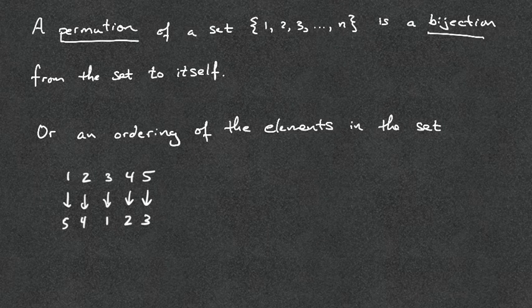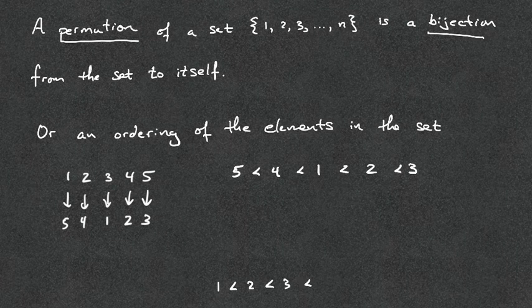Then we can think about this also as being an ordering of the range elements in our permutation. So we would say, all right, 5 is going to be less than 4, is going to be less than 1, is going to be less than 2, is going to be less than 3. Now, obviously, this doesn't give us our traditional ordering of 1, 2, 3, 4, and 5.